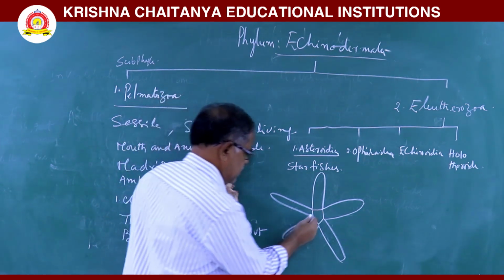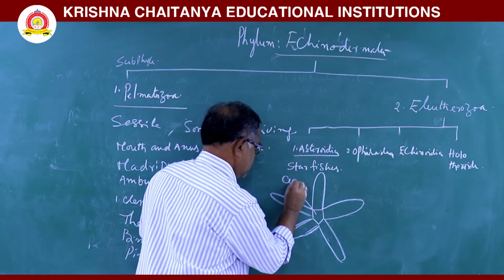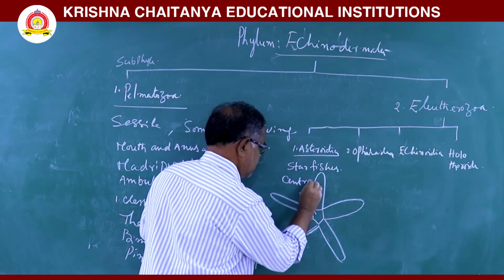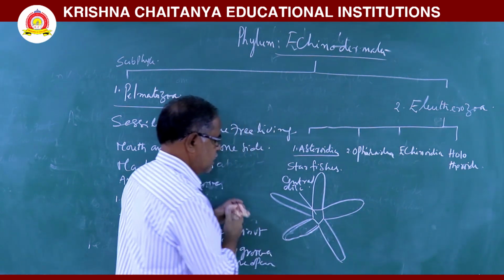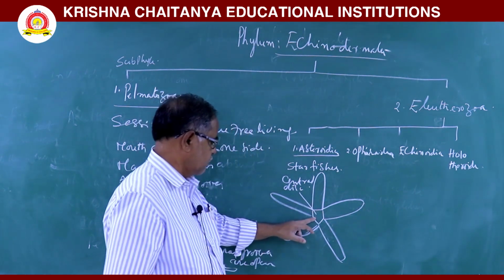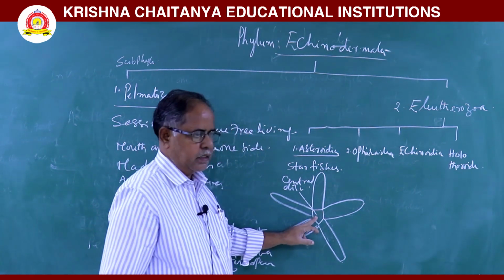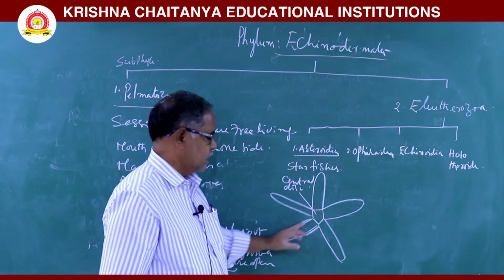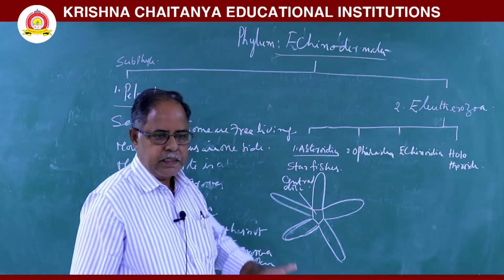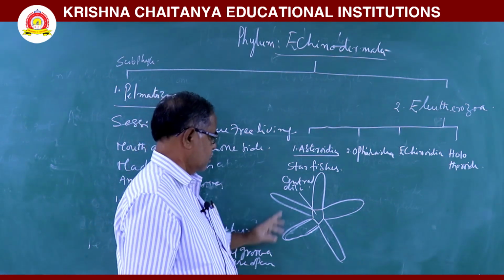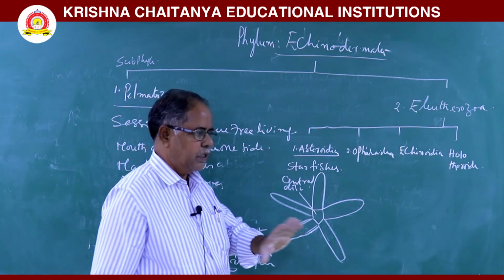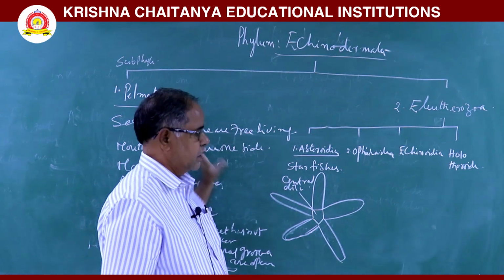This is the central disc, and these are arms. They are mixed with the central disc. The central disc does not clearly appear, so the arms are not demarcated from the central disc here.